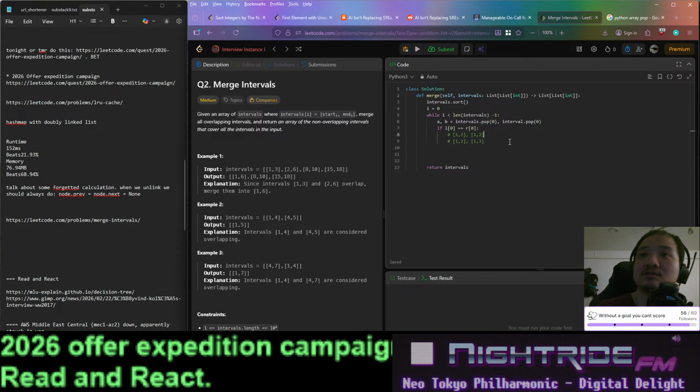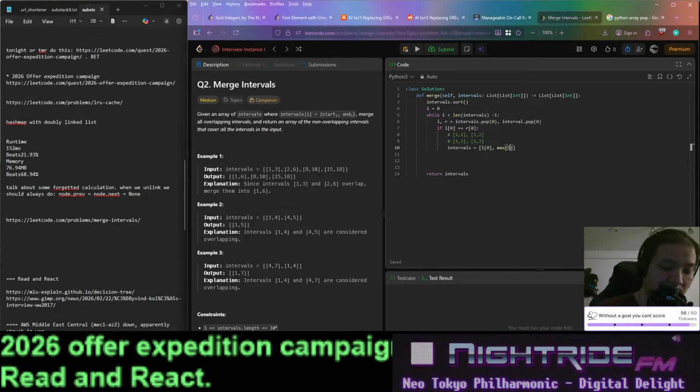let's call this interval equal to, left and right is fine. It's going to be whatever this left is, and the right is going to be the max one, right?